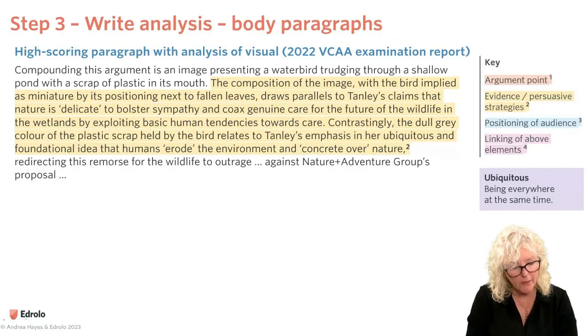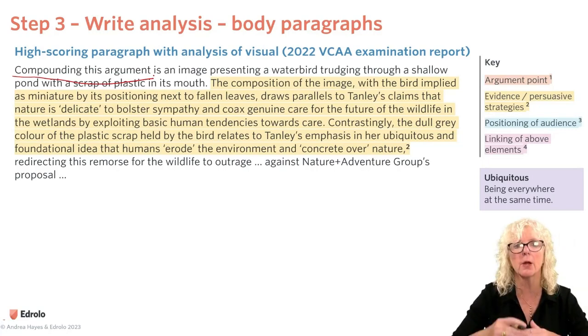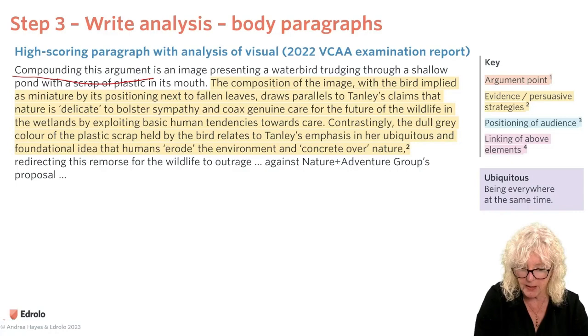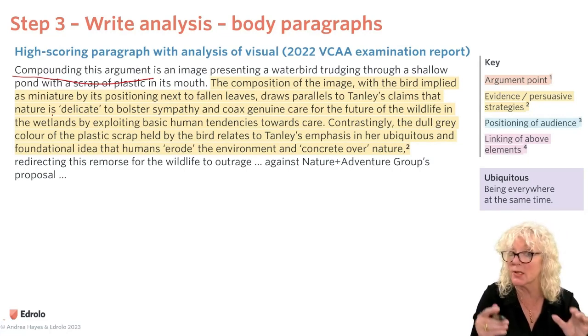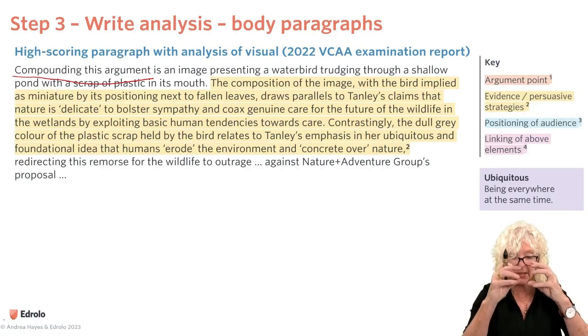Here we have, again from the 2022 VCAA examination report, an example of part of a paragraph analysing a visual. So you can see how it refers to the argument. We don't know what's gone on prior in this paragraph, but it talks about the composition of the image with the bird implied as miniature. So it actually talks about positioning it next to leaves and the bird looking small.